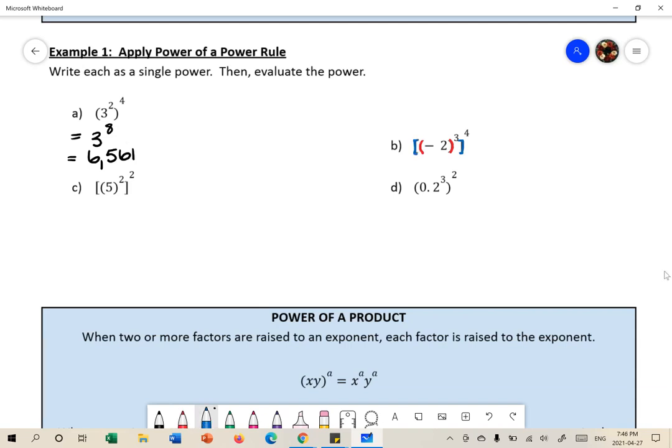The outer square brackets indicate that everything inside of it is a base that must be raised to 4. So I'm going to take my two exponents and multiply them together. -2 in brackets raised to 12, which is equal to 4,096.